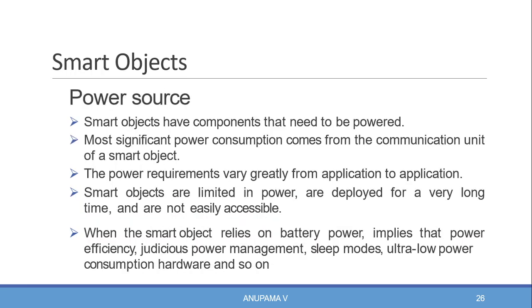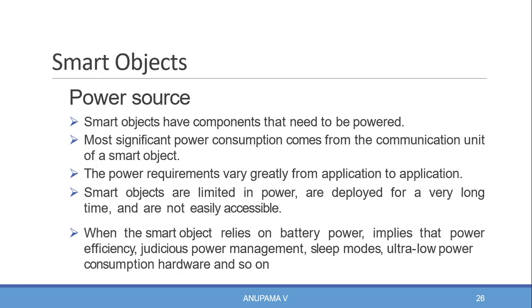The last characteristic that defines the smart object is the power source. The smart objects have components that need to be powered. That is, the sensor, object and actuator need to be powered in order to work. The most significant power consumption comes from the communication unit of the smart object. The power requirement varies greatly from application to application.